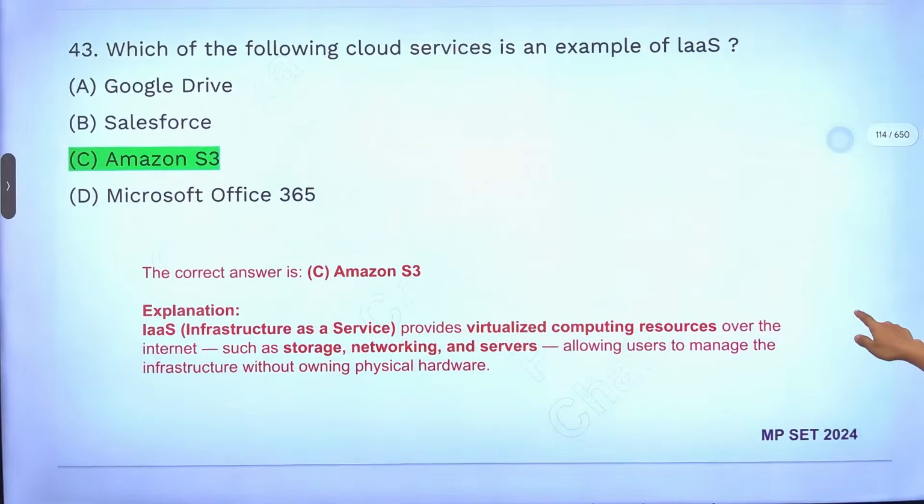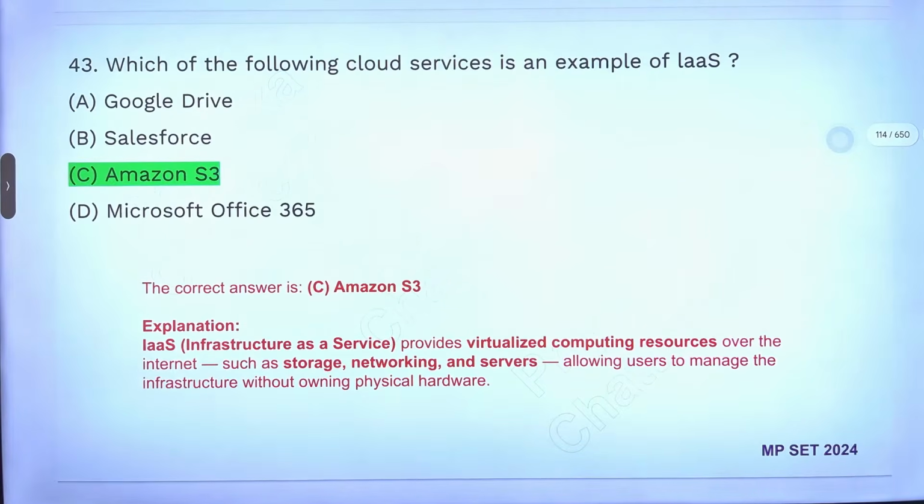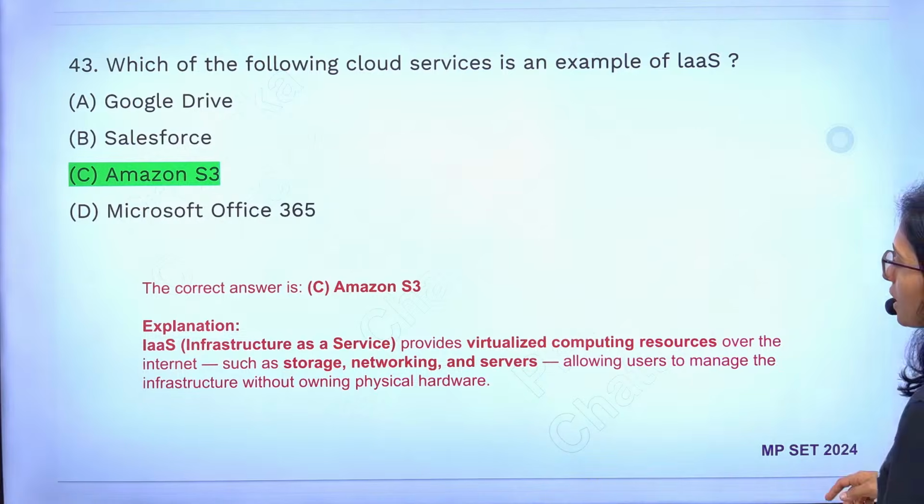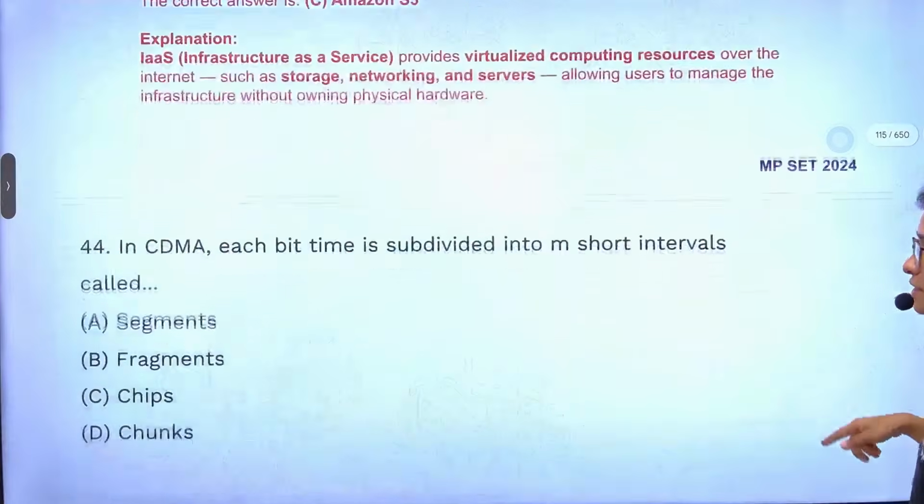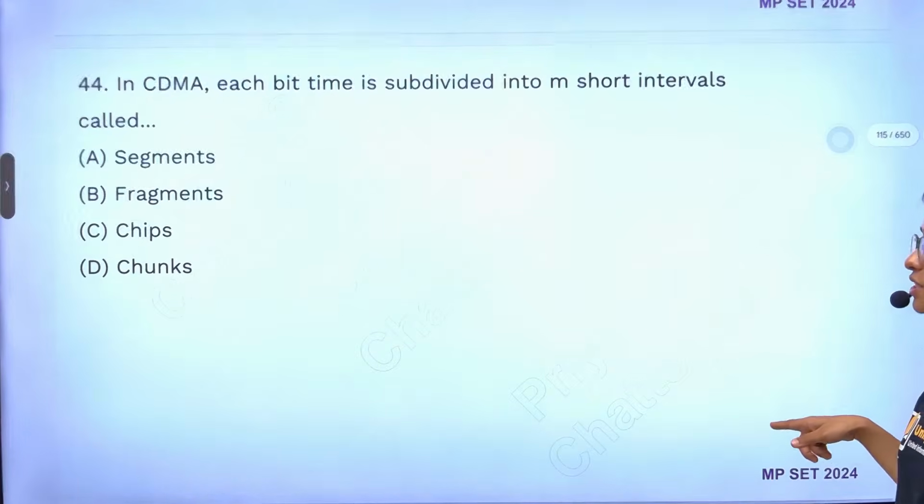Yes, your answer is Amazon S3. Amazon S3 is one example of IaaS, which provides virtual computing resources such as storage, networking and servers. This is just like a GK question you can remember.